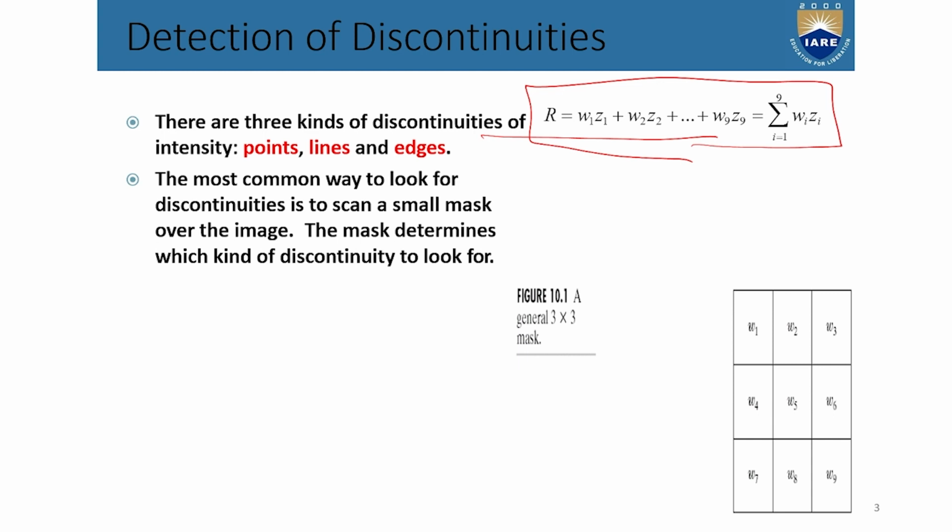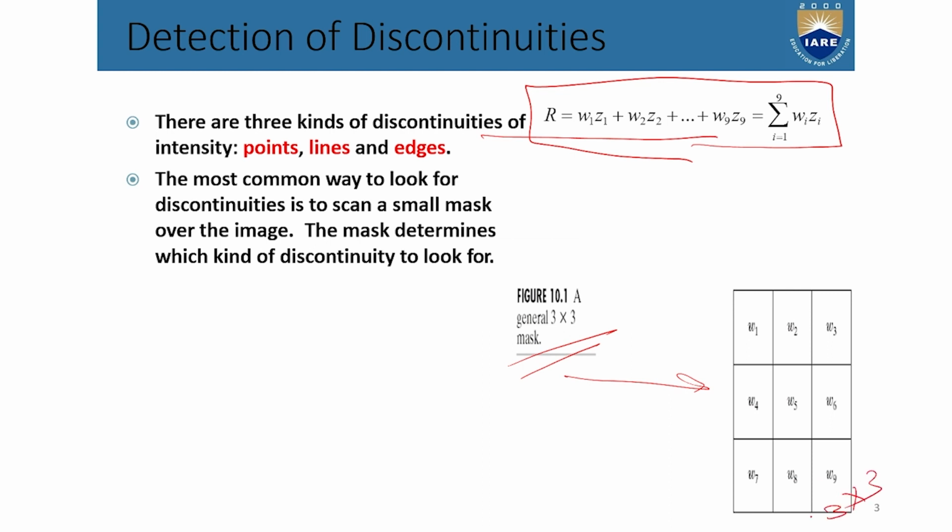So how can we distinguish points, lines and edges? Let us consider a general 3 by 3 mask image.